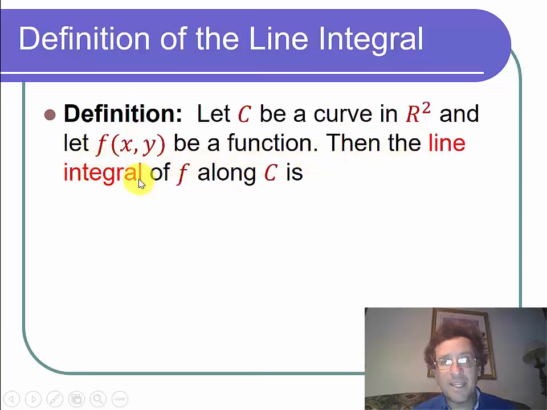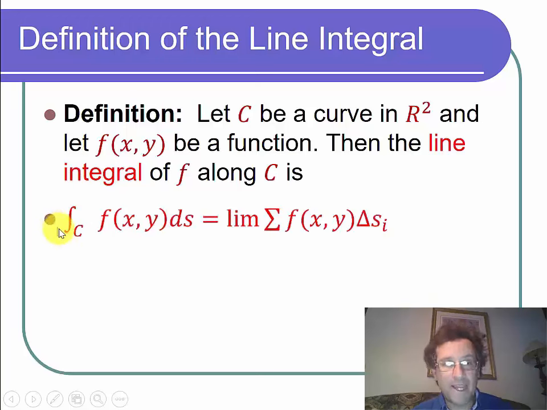Then the line integral of f along C is defined by, we write down the integral over C. Notice we're not going from a number to another, we're just going on a curve, of f of x, y ds.